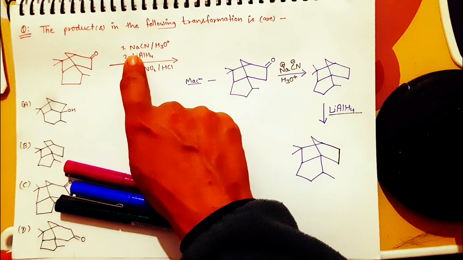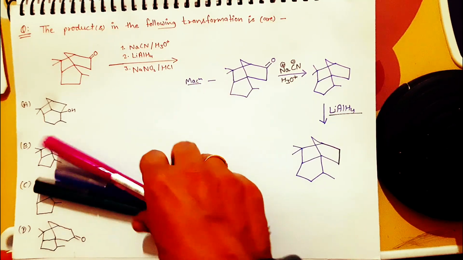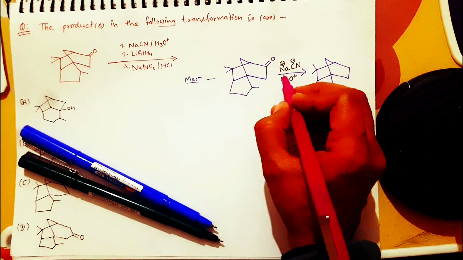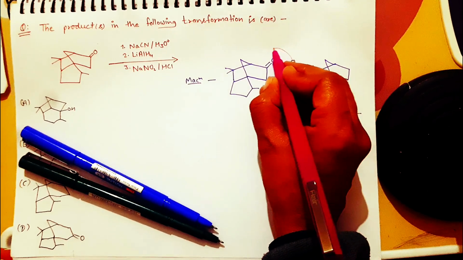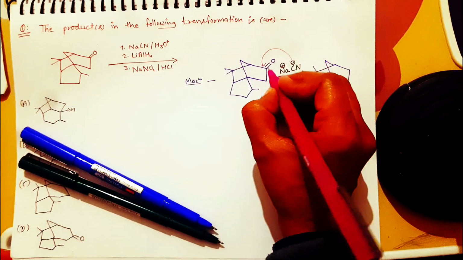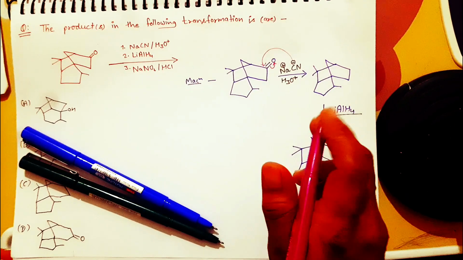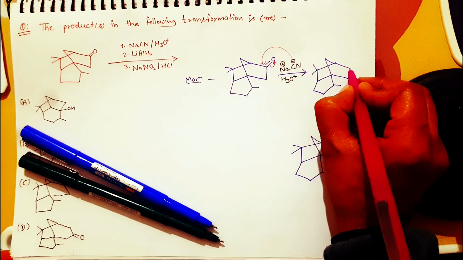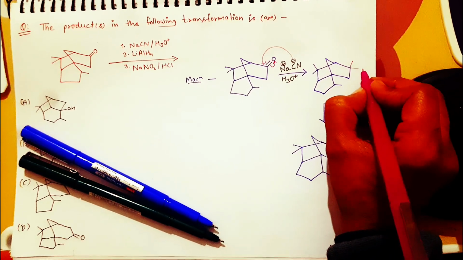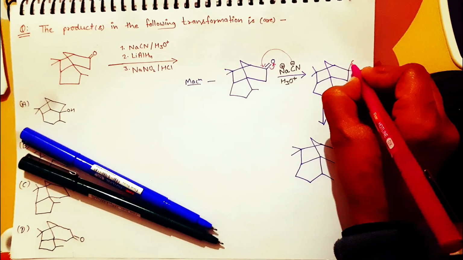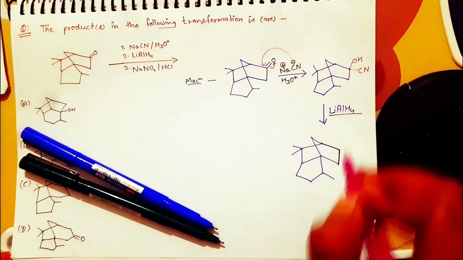So here in the first step, a nucleophilic substitution reaction happens. In sodium cyanide, cyanide acts as a nucleophile and attacks this carbonyl group, and the bond electrons shift to the oxygen atom. So here we get OH, and here we get cyanide.